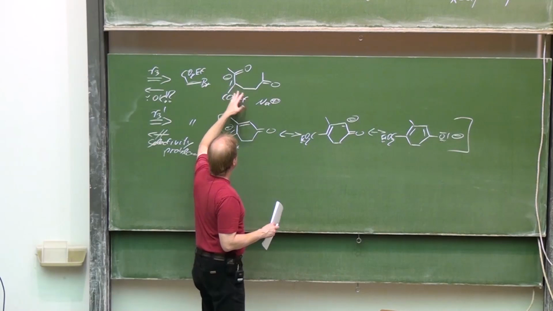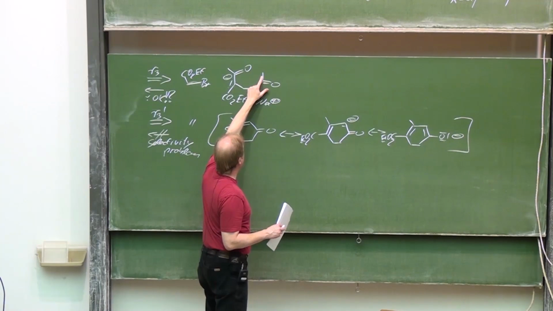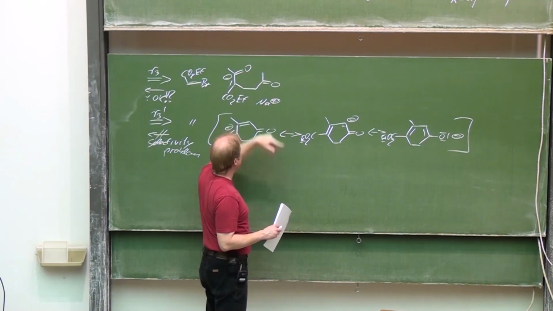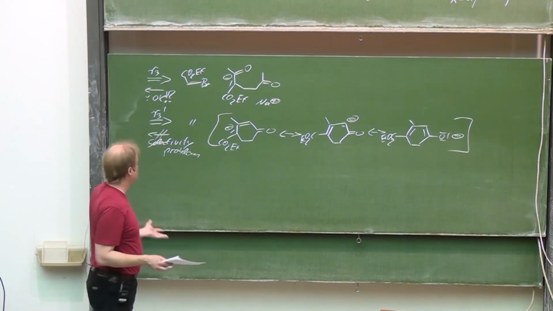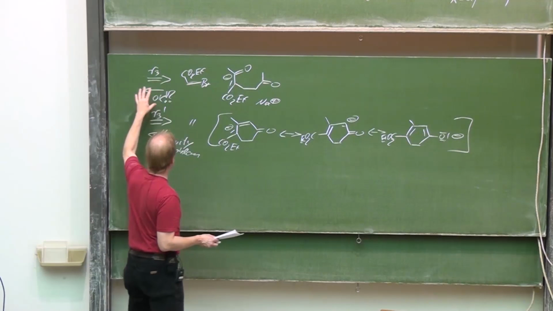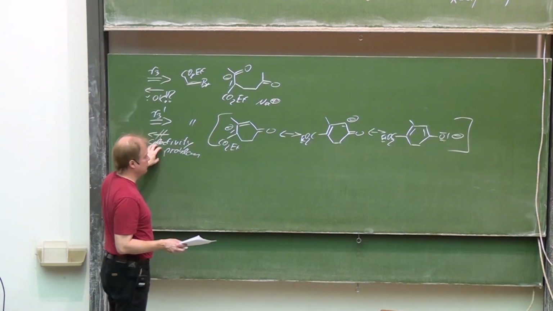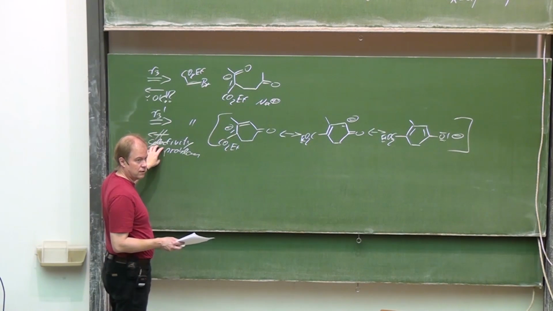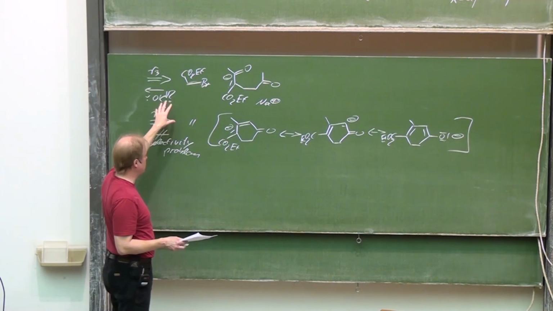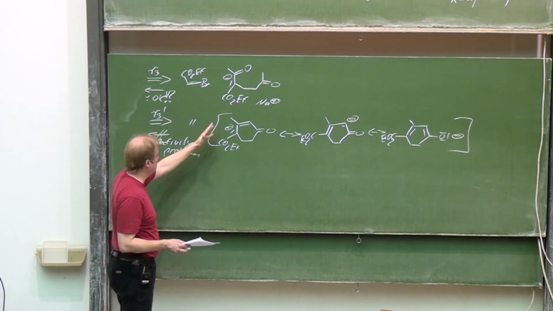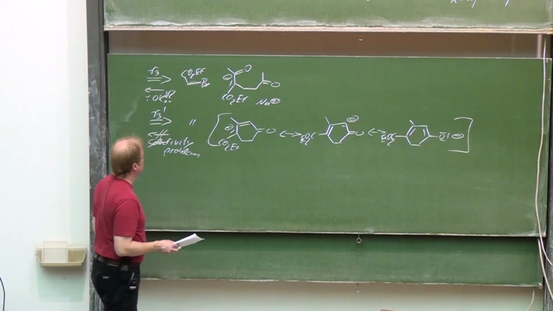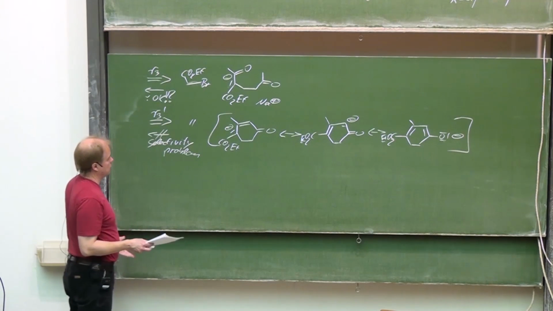Maybe in that reaction mixture already that condensation reaction could occur. So that means also here you could get a similar selectivity problem as you have here. So we have to add serious question marks about the reliability of this synthetic plan.